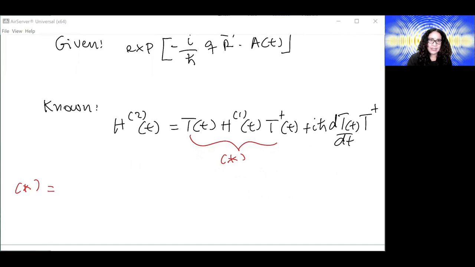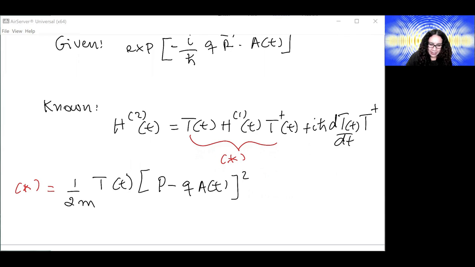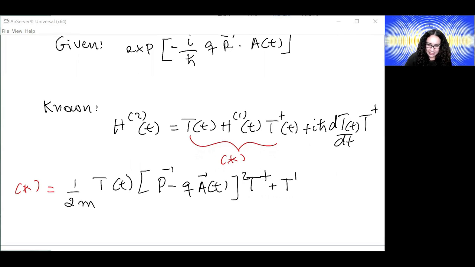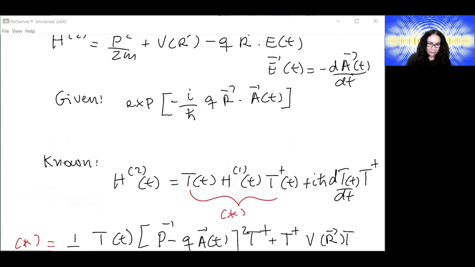We know what H1 is, so we're going to have 1 over 2m T applied to (P minus q A(t)) squared T dagger plus, we do this slowly, T V(R) T dagger. Now, there's one thing that is interesting: look at the expression of T. Let me write this nicely.